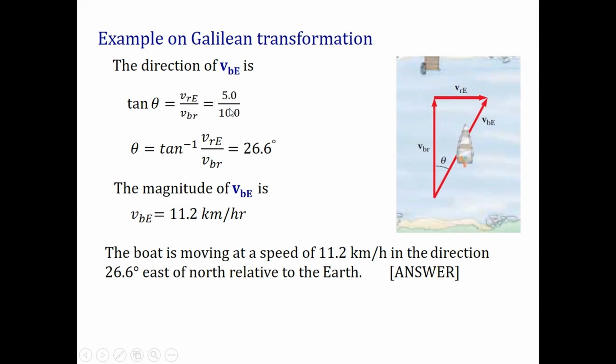Since it is 5 divided by 10, the tangent inverse of this half is 26.6 degrees, and the magnitude already is 11.2 kilometers per hour. So we can say the boat is moving with a speed of 11.2 kilometers per hour, in the direction of 26.6 degrees east of north relative to Earth. So it is going in this tilted direction.